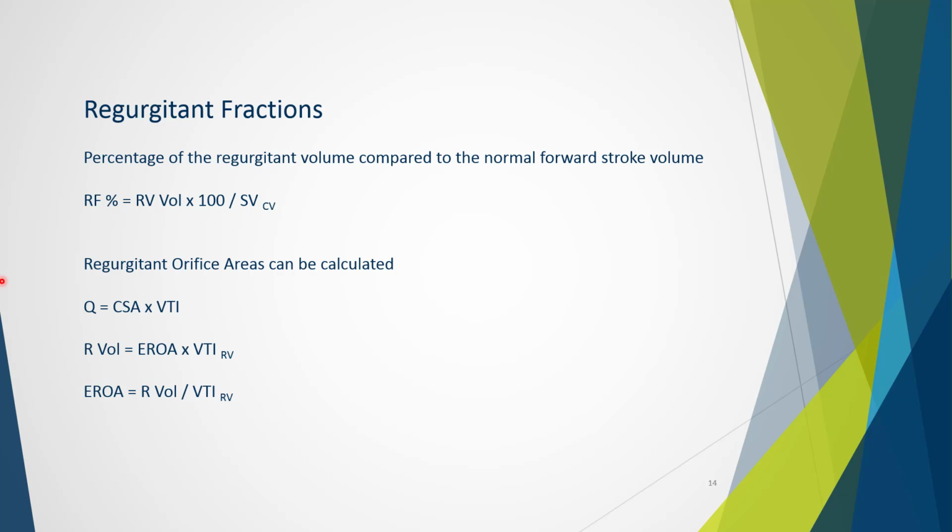So substituting what we want to actually evaluate, regurgitant volume is also expressed as effective orifice area, substituting cross-section area, times the VTI of the regurgitant valve. And then changing around what we actually need, we've got our effective orifice area, which is equal to the regurgitant volume divided by the velocity time integral.